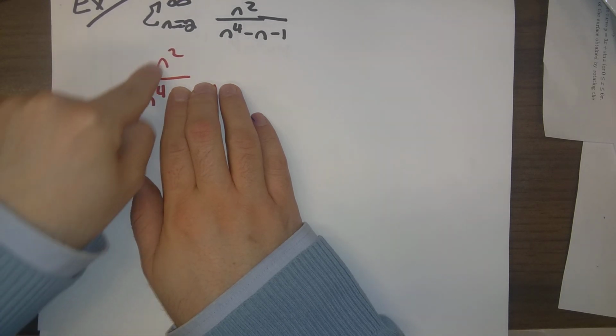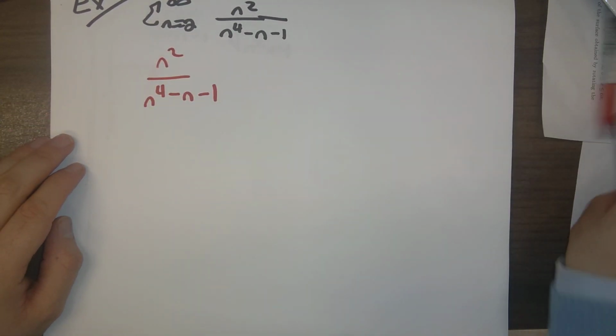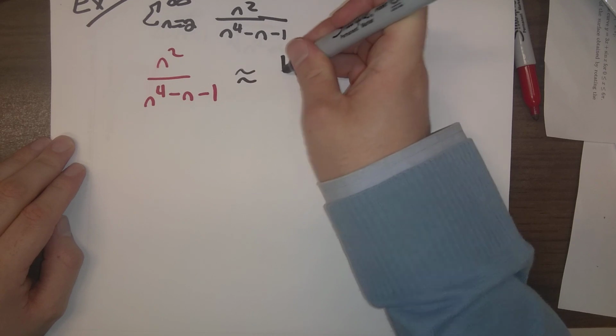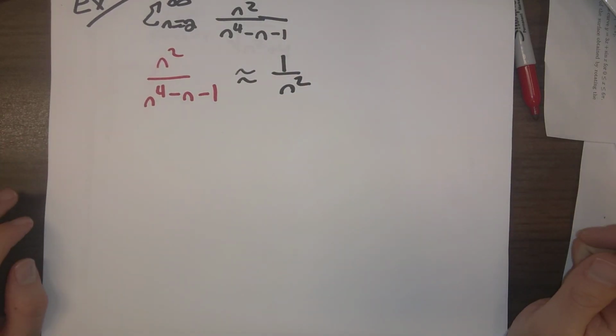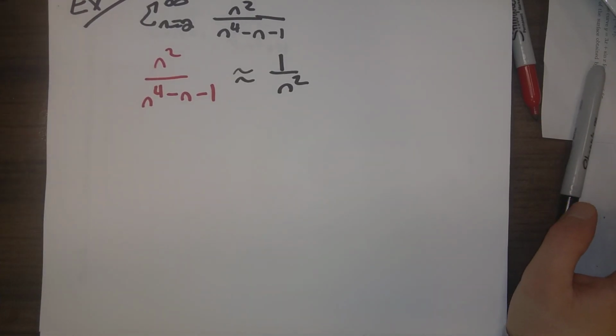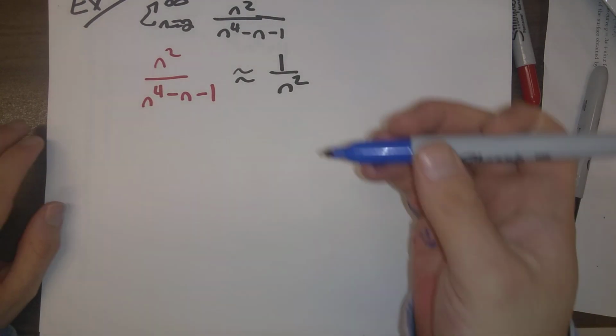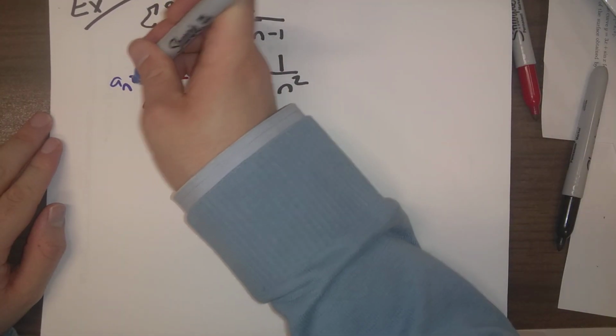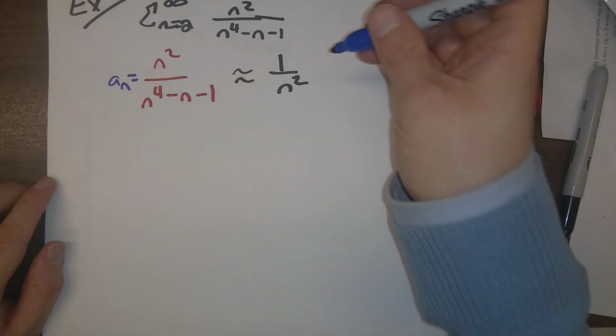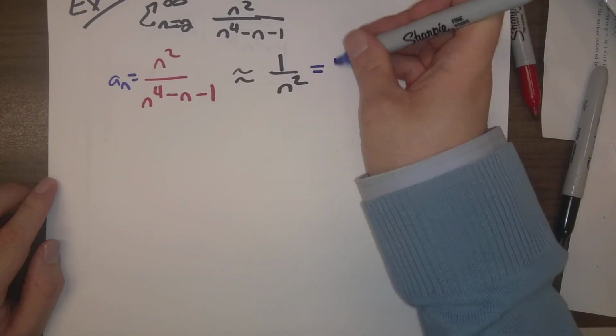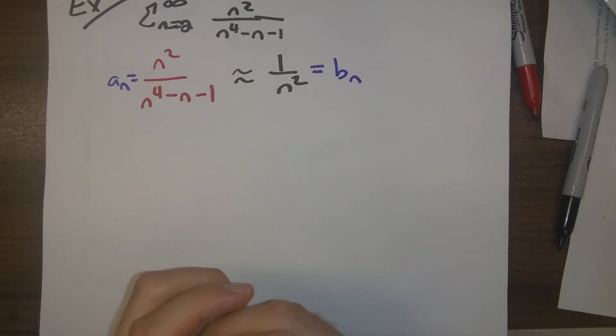And so n squared over n to the 4th, that's like 1 over n squared. So we're going to use our limit comparison test. We're going to say a_n is n squared over n to the 4th minus n minus 1. b_n is 1 over n squared.